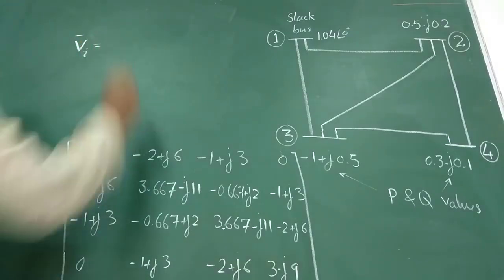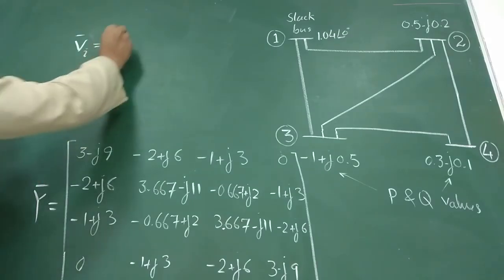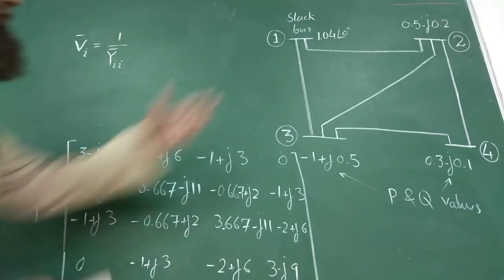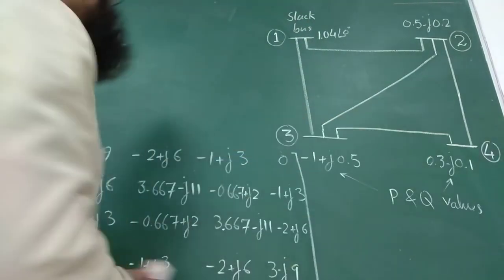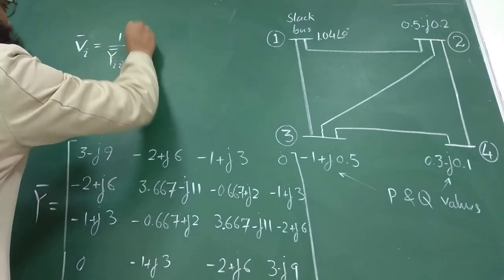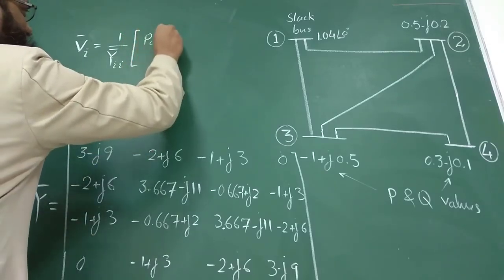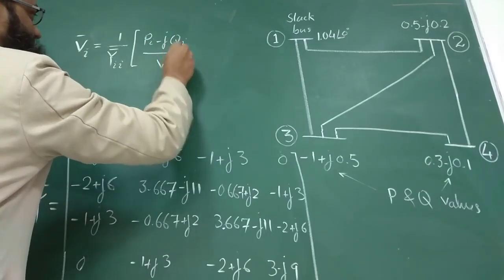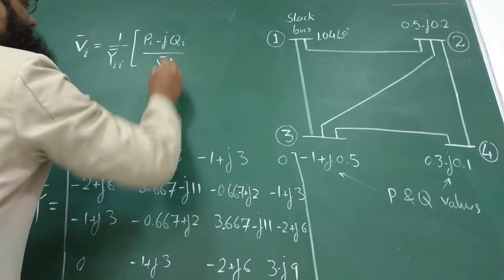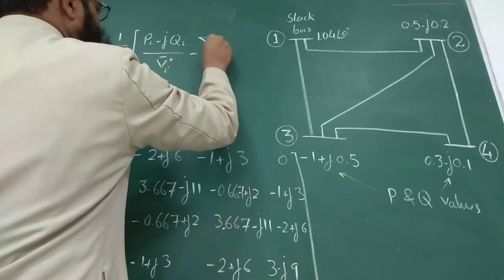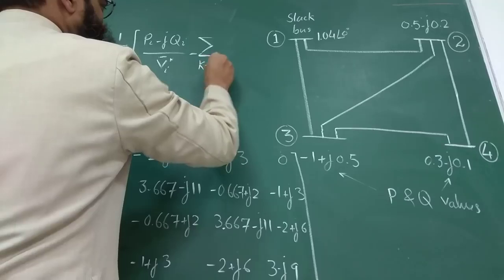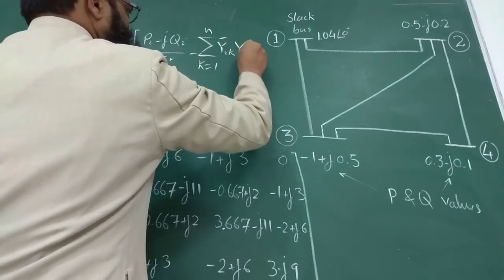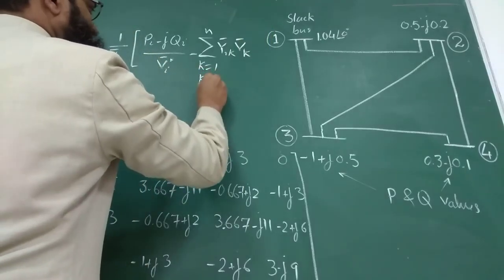The general equation for Vi is 1 upon Yii, where i may be 2, 3, 4, times Pi minus jQi upon Vi star, minus the summation for k equal to 1 to n of Yik Vk, where k is not equal to i.